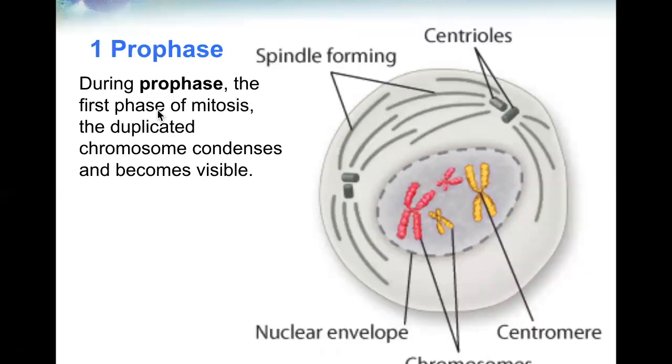During prophase, the first phase of mitosis, the duplicated chromosome condenses and becomes visible. Centrioles move to the opposite ends and spindles form. The chromosomes are duplicated, with centromeres connecting the two.